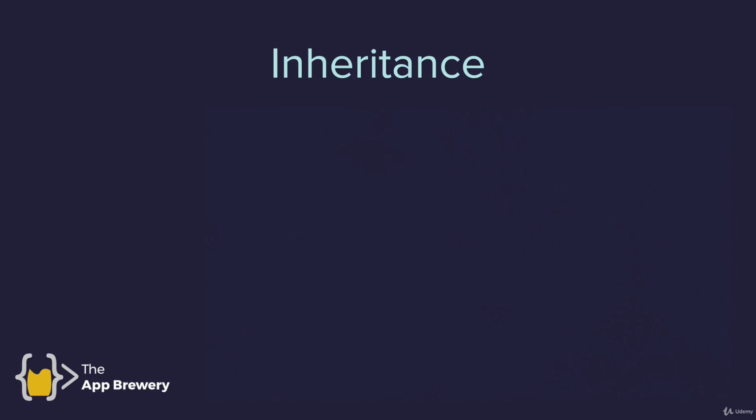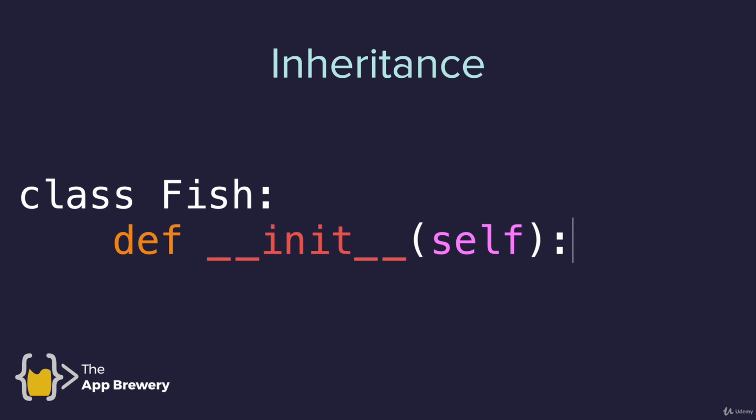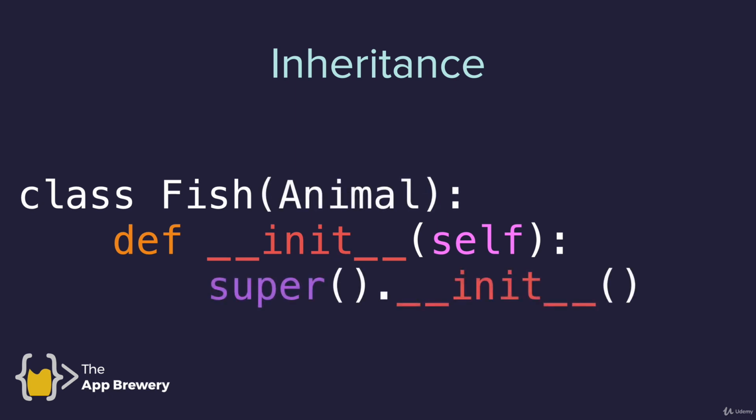Now, how does inheritance actually work in terms of the code? Well, we can define a class, let's call it fish, and it has an initializer. In order to get this fish class to inherit from another class, all we have to do is add a set of parentheses after the name of the class and then provide the class that we want to inherit from.